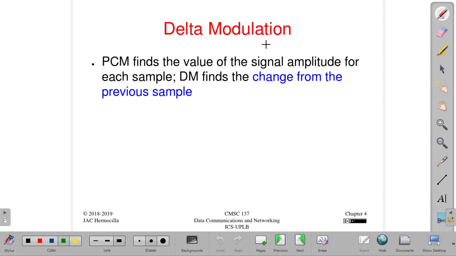So the next analog to digital conversion or encoding technique is called delta modulation. Compared to the PCM, which finds the value of the signal amplitude for each sample, in delta modulation, it only finds the change from the previous sample.